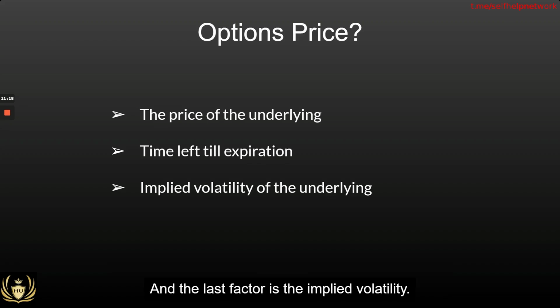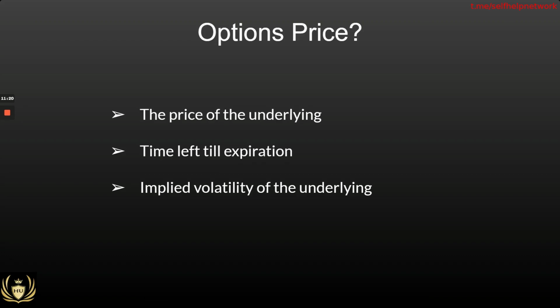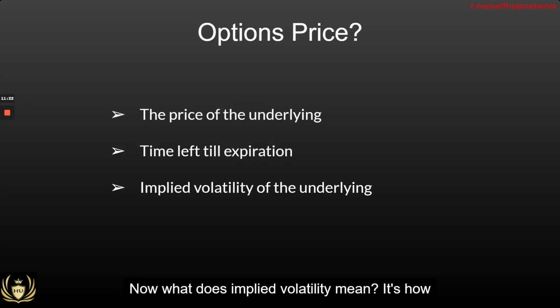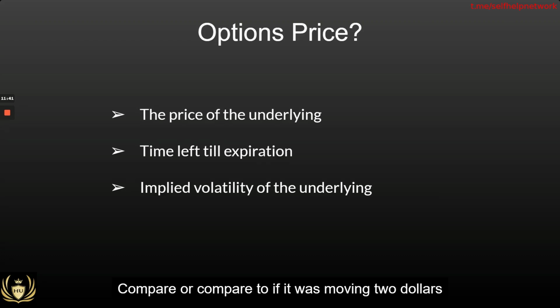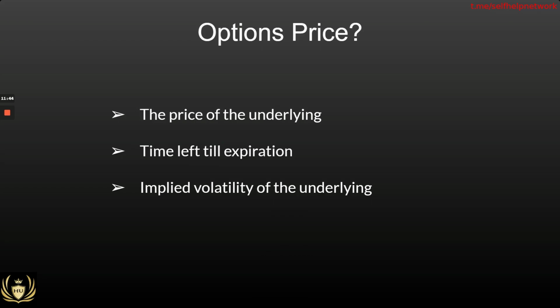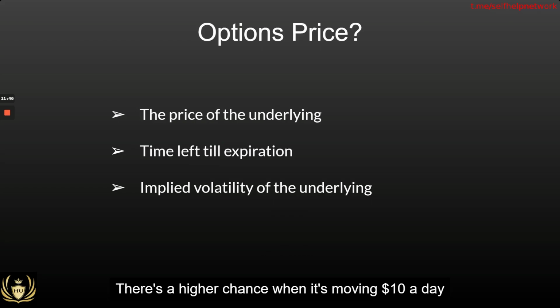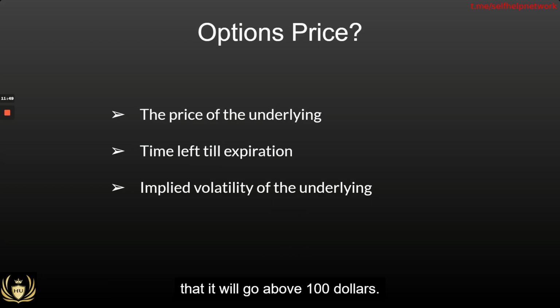And the last factor is the implied volatility. Now, what does implied volatility mean? It's how volatile we expect the stock price to be in the future. The more volatile it is, the more chances of the option to become profitable. If, let's say, Apple is moving $10 a day, compared to if it was moving $2 a day, there's a higher chance when it's moving $10 a day that it will go above $100 and be profitable.